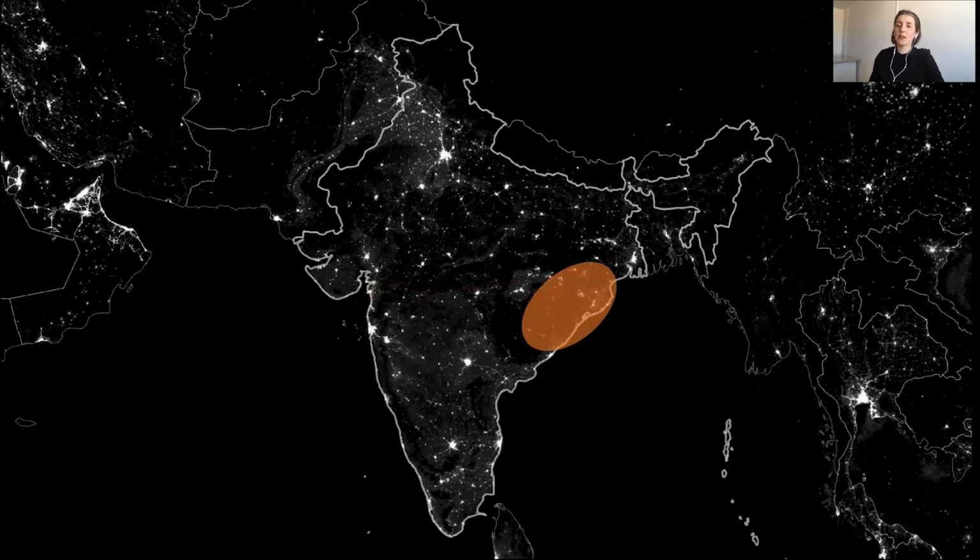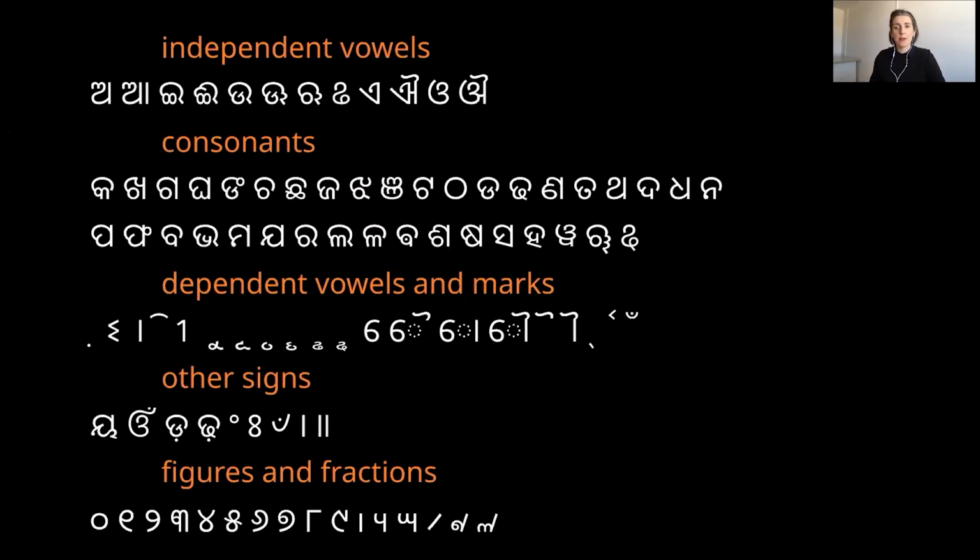So let's go back to the Odia script. Odia is a syllabary. It works with independent vowels and consonant-dependent vowels that switch into marks and other signs.